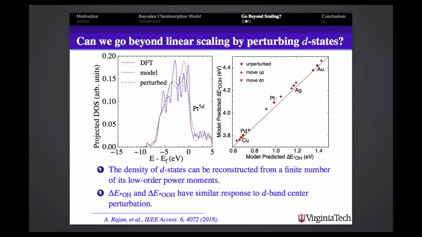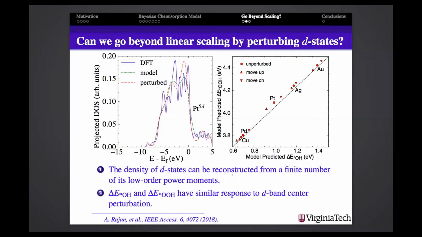So simply perturbing the d-band center of the metal d states is not going to break the linear correlation between OH and OOH. That gives us a fundamental understanding of which parameters we can play with.